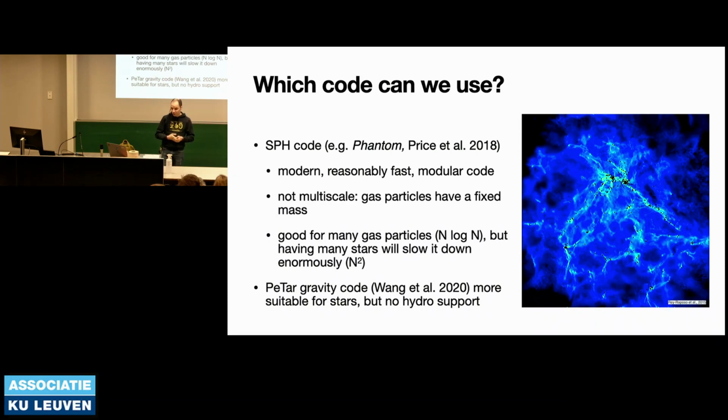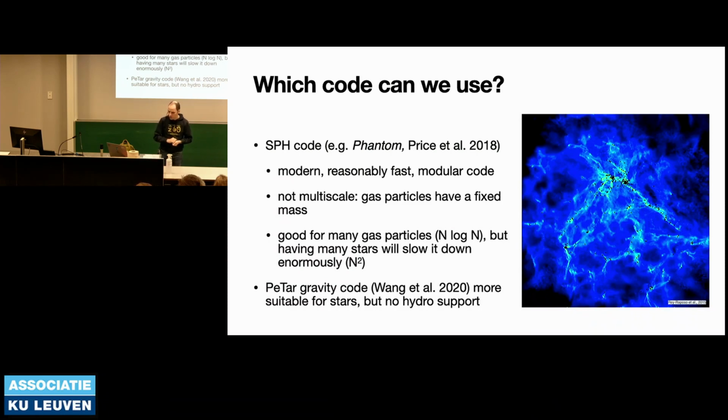Also, Phantom is good for doing just gas particles. It has a tree integrator for that, so it's n log n order speed. But if you have many different individual stars, then this will really slow things down, because that goes with an n² law.